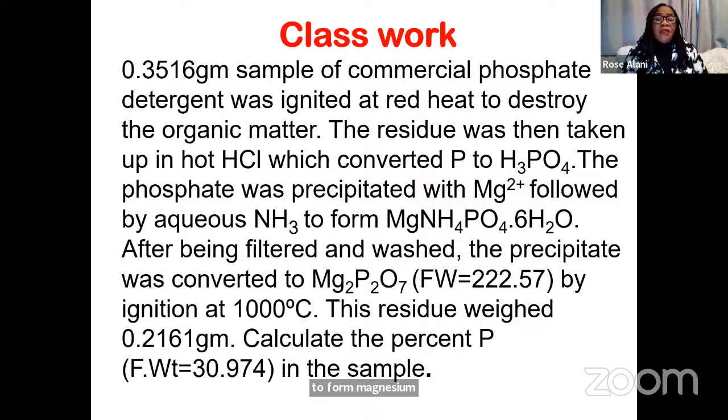And after being filtered and washed, the precipitate was converted to magnesium pyrophosphate by ignition. The residue weighed 0.2161 gram. So now calculate the percentage phosphorus in that sample.